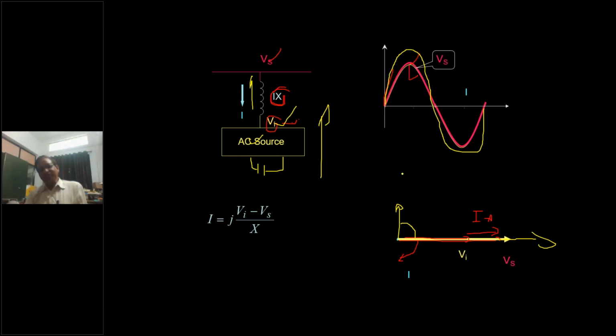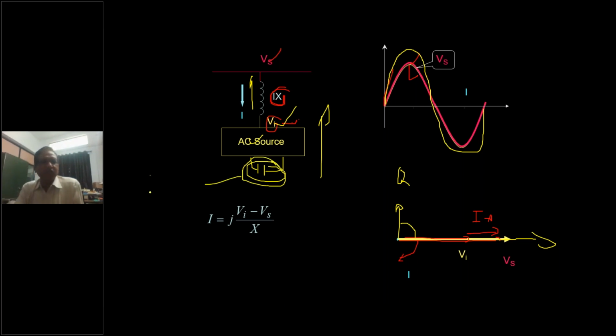If it is lagging or leading, it means Q is there. Theoretically there is no power flow, so there is no need of a source. This voltage source will only supply reactive power to the system, and this is nothing but the STATCOM.